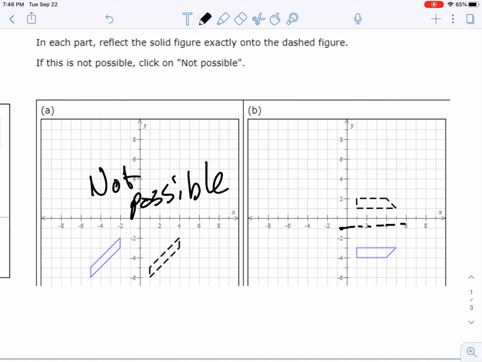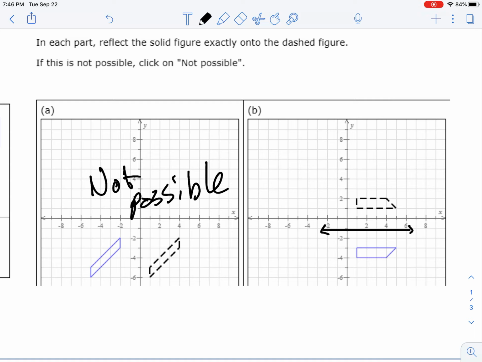On this one, you can definitely see that it is flipping over this line of reflection right here. And that line of reflection is actually at, I'm going to do a better job of drawing it here. Okay, it's about there at that line. That's my line of reflection.